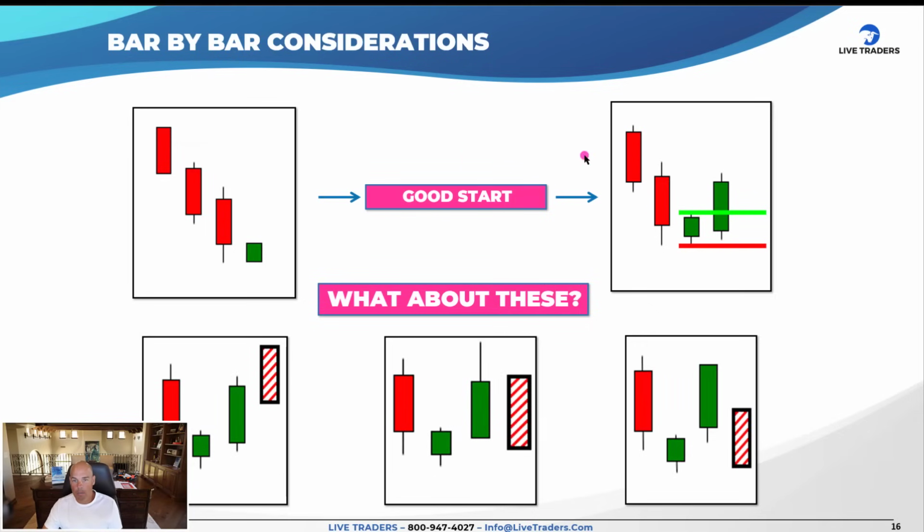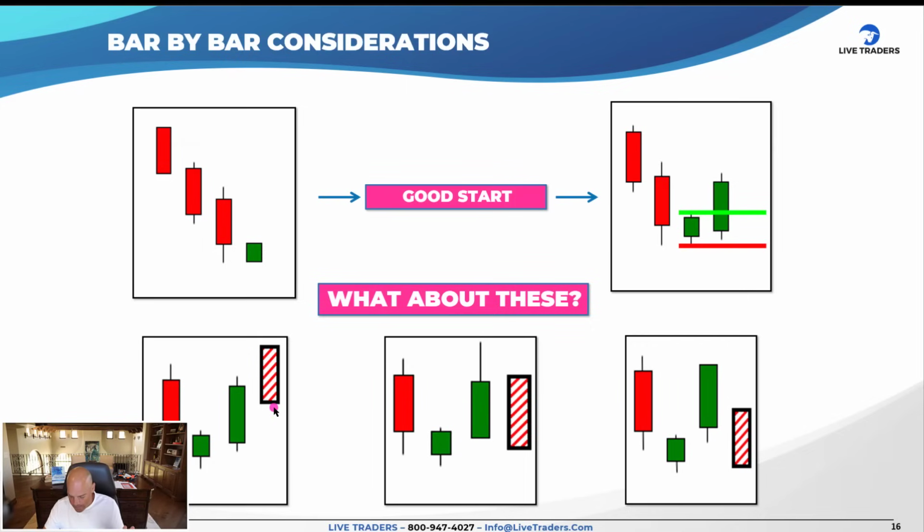Same start on the top. The top doesn't change, right? This is the same as the last slide. Now the bottom. What if, and for some of these, obviously it would have to be a daily chart, if you had a daily buy setup and this stock gapped up, and then did that. What's the general feeling there?